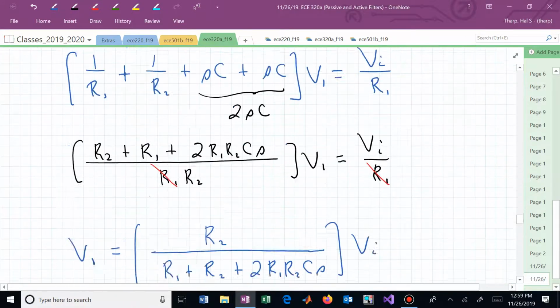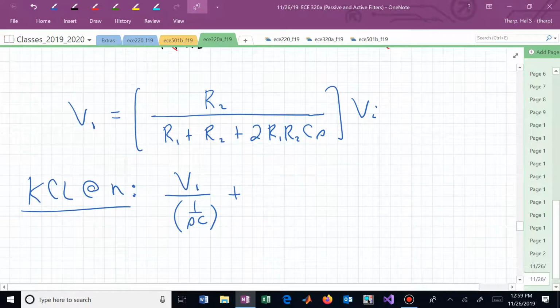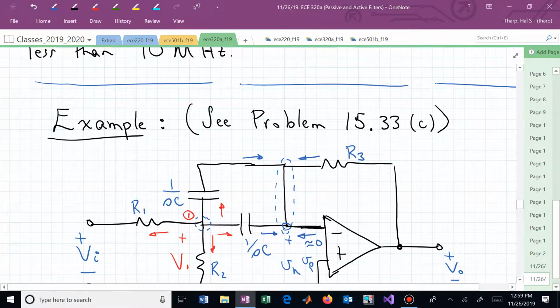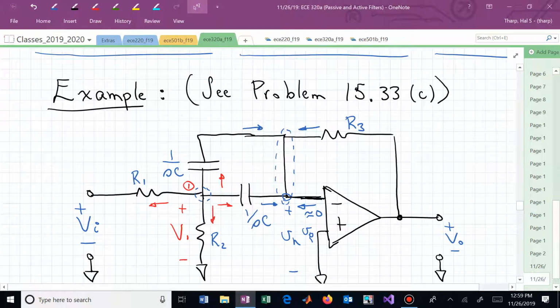Okay, let's get back to our business here. There is our next current, and then our final current is actually going to the left, and that's now V sub 0 minus 0 over R sub 3.